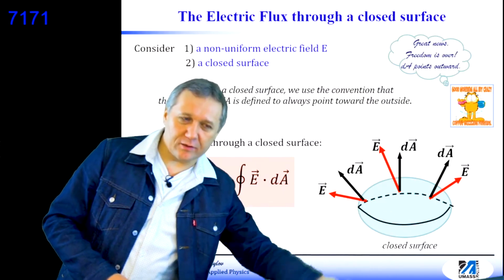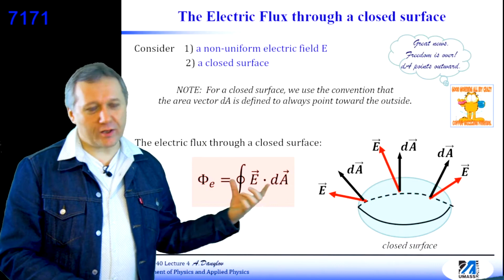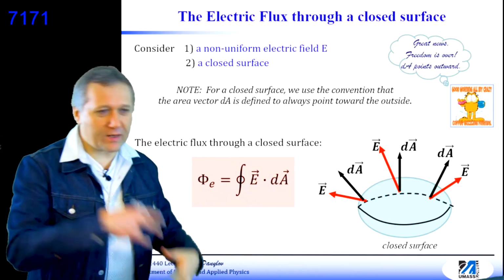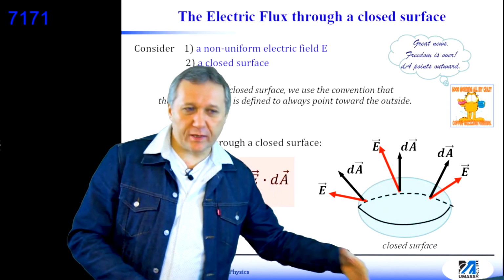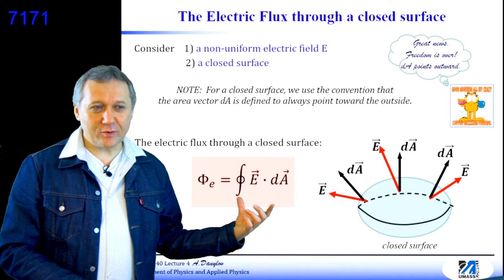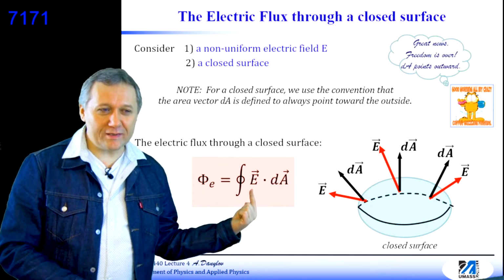You need to slice this surface into small patches, and again, take one patch, calculate the flux, then the second patch, calculate the flux, add those fluxes up, and so on, and keep moving until you cover the whole surface.